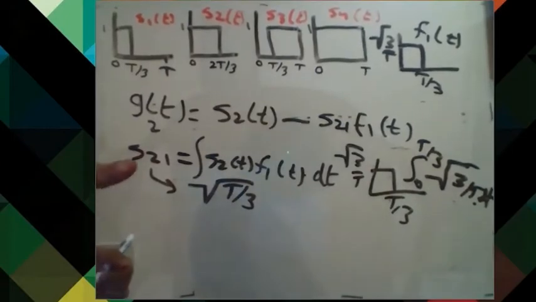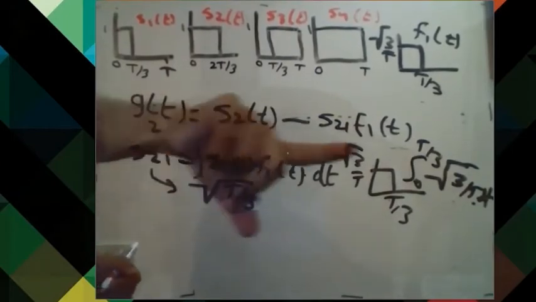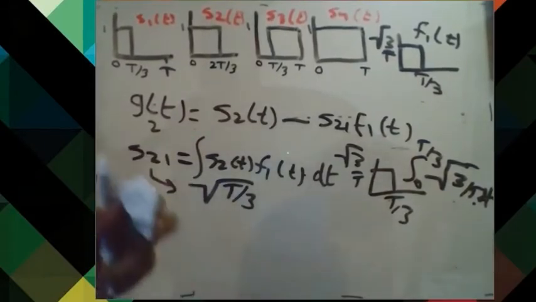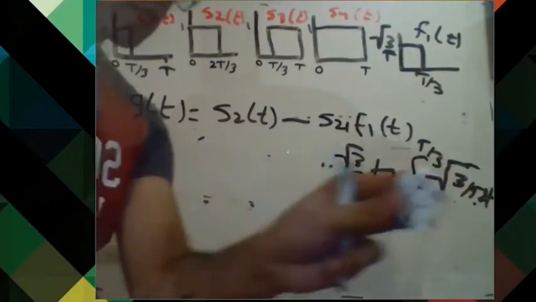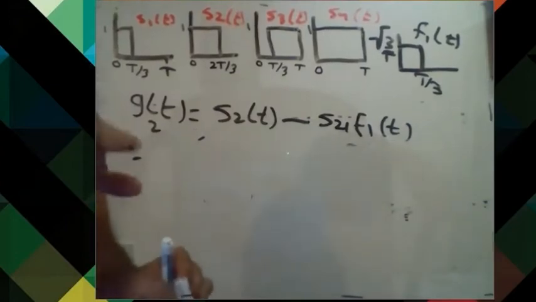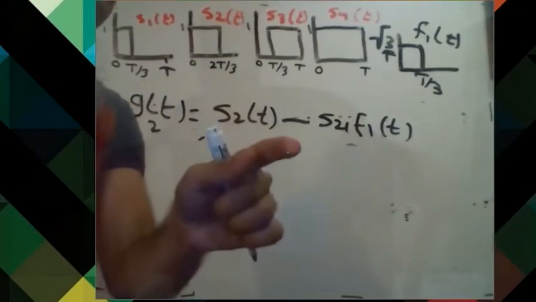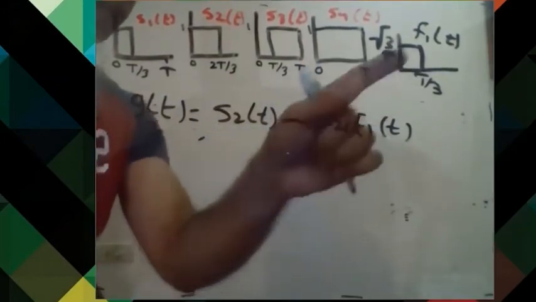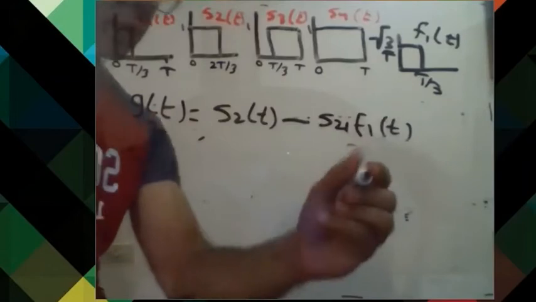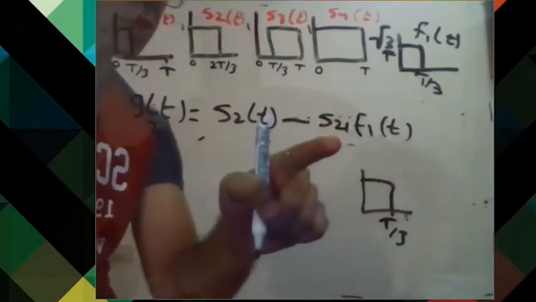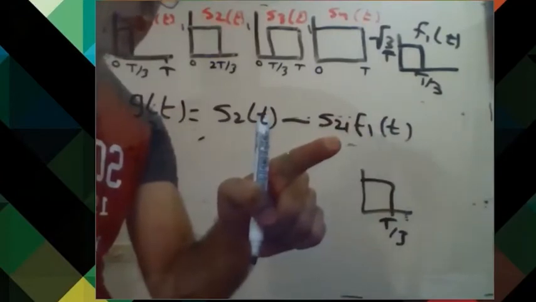So I have S21 now, I have S2 and I have F1. I'll put these values back again. Just remember the value is root T by 3. The resultant answer will also be a signal. S21 times this signal is being subtracted from the second signal, but first I have to multiply this signal with S21, which was equal to root T by 3.